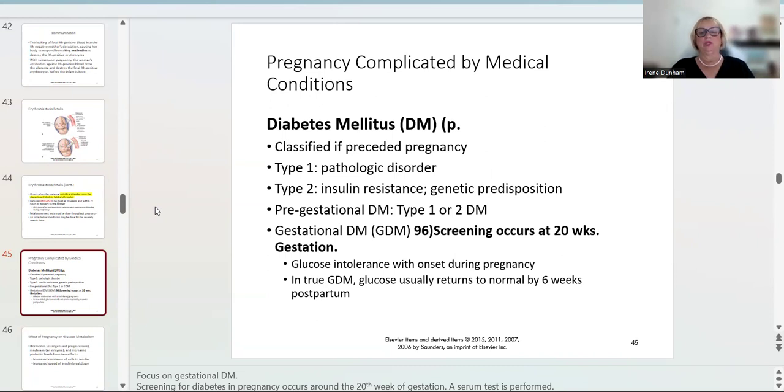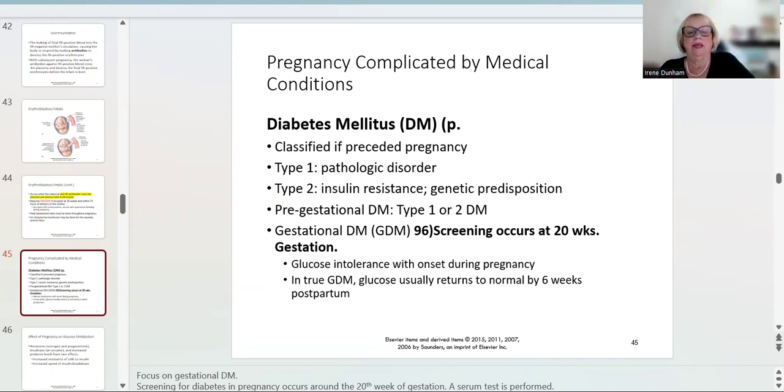And now we're going to flip into diabetes, because this is another medical condition that gets kind of complicated. You have your type 1s, and you have your type 2s. And we have our own in pregnancies called gestational diabetes. We do a screening test around 20 weeks gestation. Now, if she's a type 1 that's coming in and she's pregnant, we'll do it sooner.